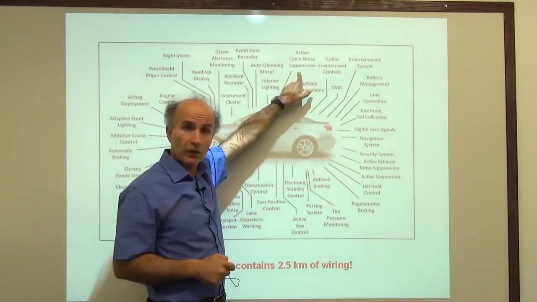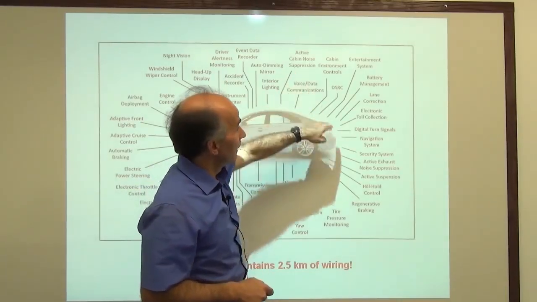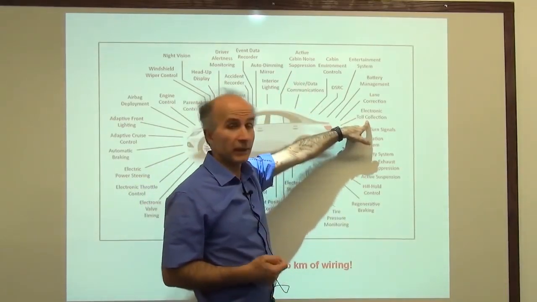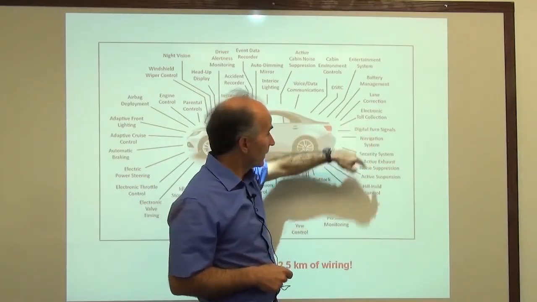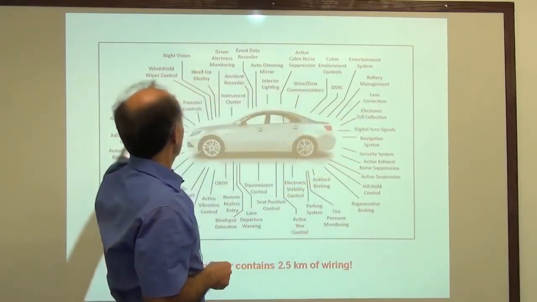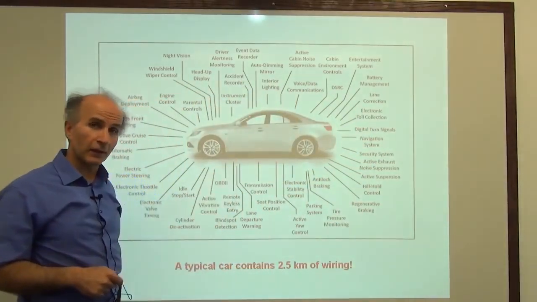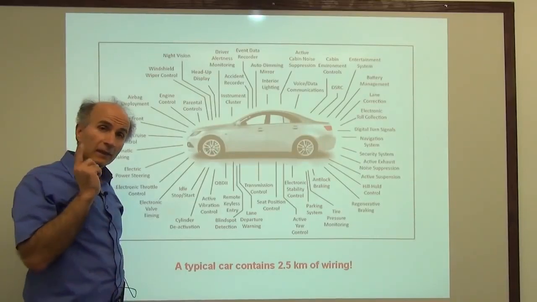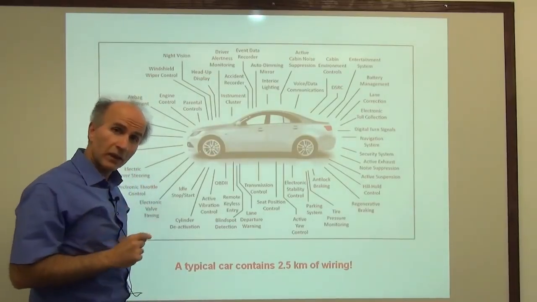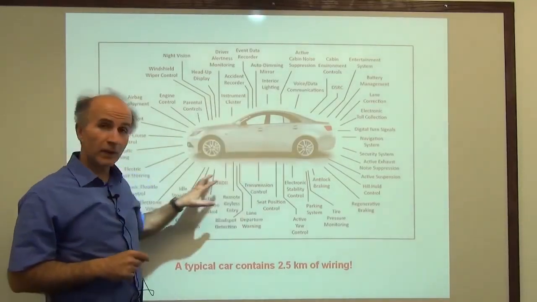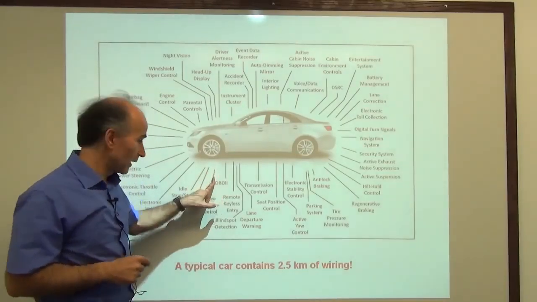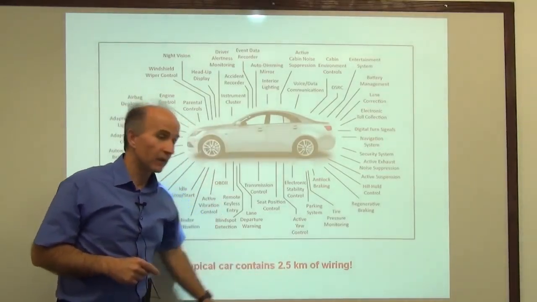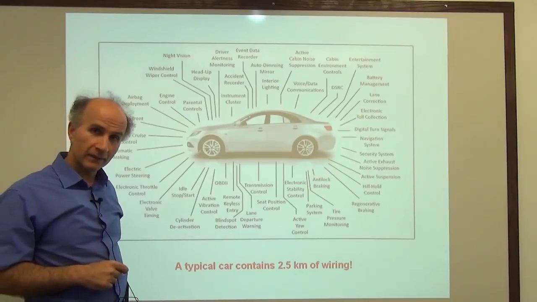In more luxury cars, we have that. Electronic toll collection, you might have seen that in some countries, and so on. So there is so much electronics inside the car. In fact, the electronics is so large that to connect all of these together, a typical car would have 2.5 kilometers of wiring inside.